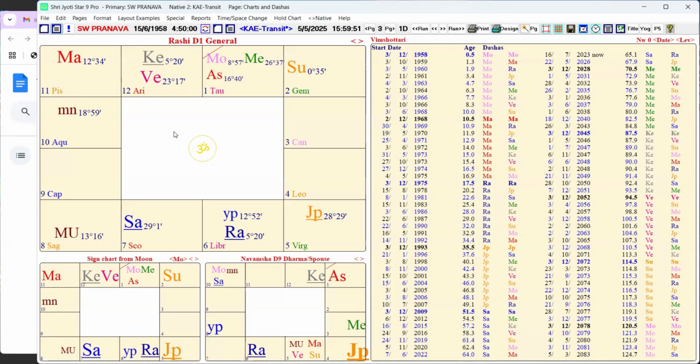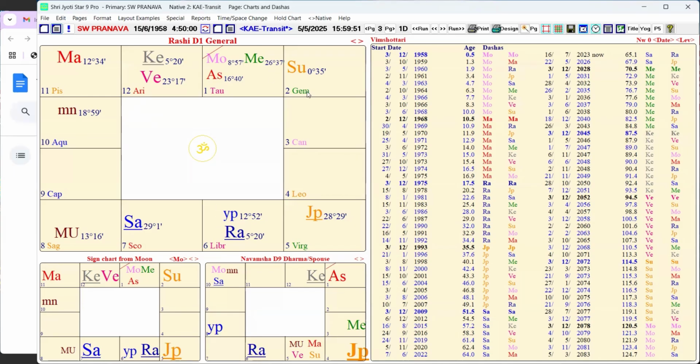Okay, so each of the planets has a personality, and we'll cover that later. But for now, just know that each of the signs is ruled by a particular planet. And so Mars rules Aries and Scorpio. Venus rules Taurus and Libra.